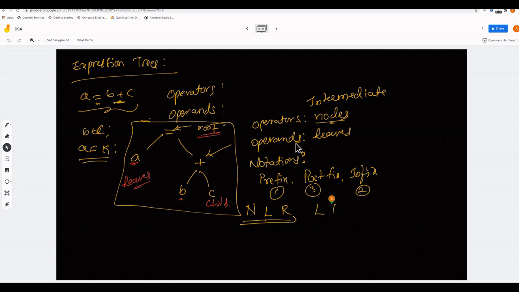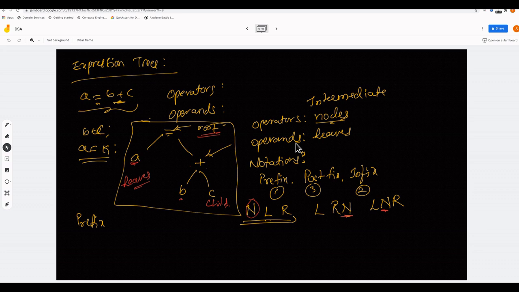For postfix, left and right stay as is, and you visit the node last. For infix, you visit left and right in that order, and you visit the node in the middle. So recursively, you start with the root, and let's go with prefix.